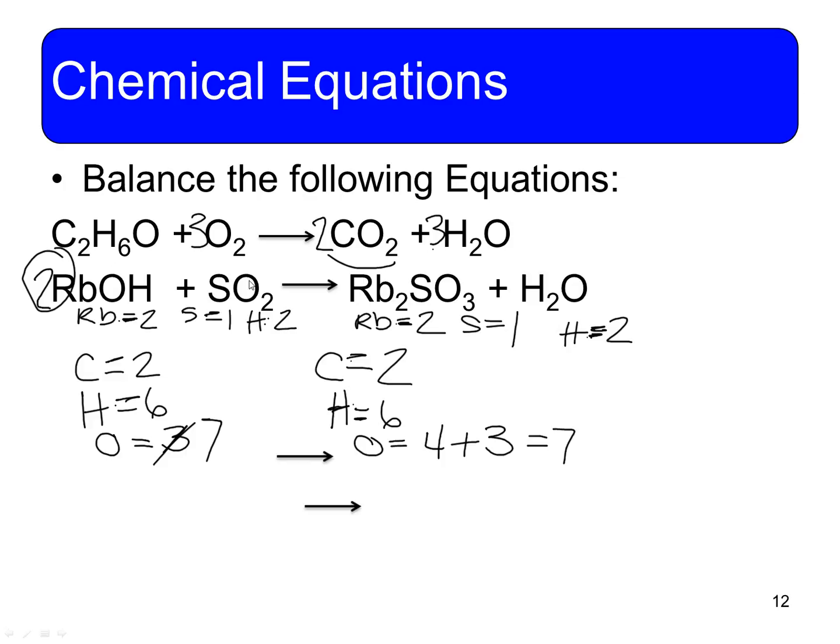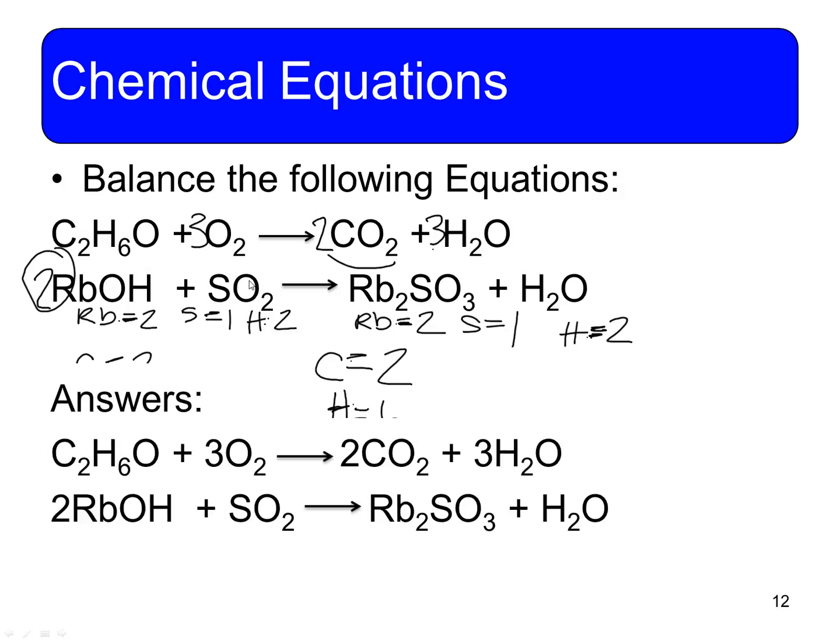And we also have 2 in our sulfur dioxide, so we have 3 oxygens. Oh, excuse me, we have 4 oxygens, and we have 4 over here. So all we had to do was make that one change, and it balanced everything else. So this is a perfect example of starting with everything other than hydrogen and oxygen. Okay, so this would be the answers for those.